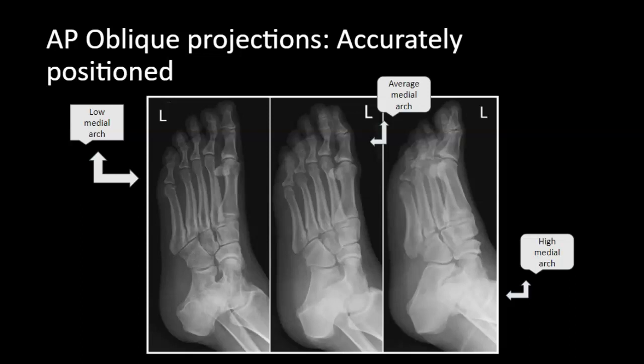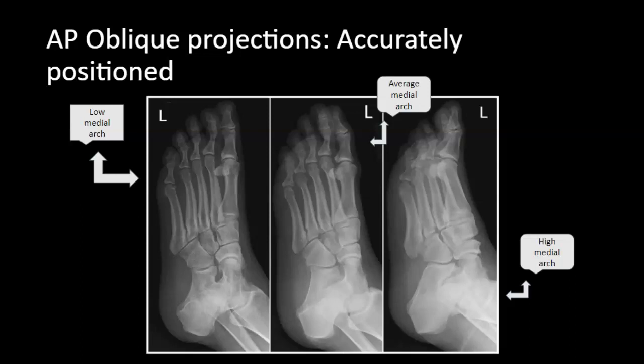An average medial arch may take a little bit more degree of obliquity to free that foot up. And so you may have to increase 10 degrees to get that. And in a high medial arch, you may have to increase 15 degrees to obtain that cuboid free of superimposition.